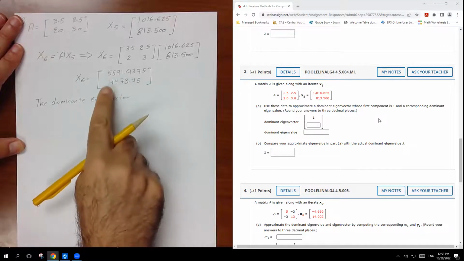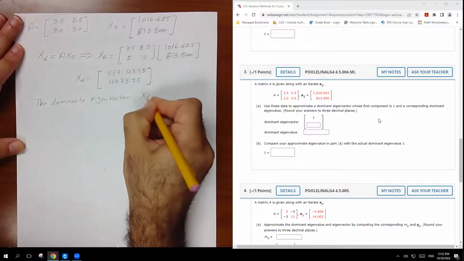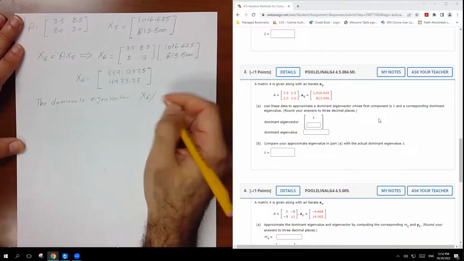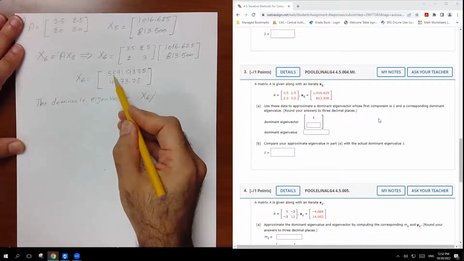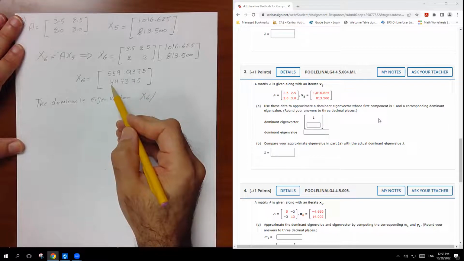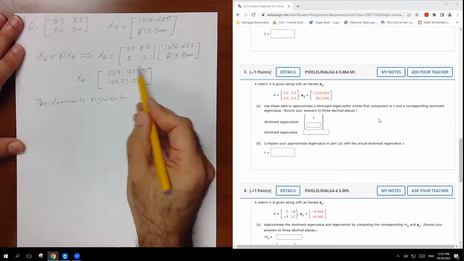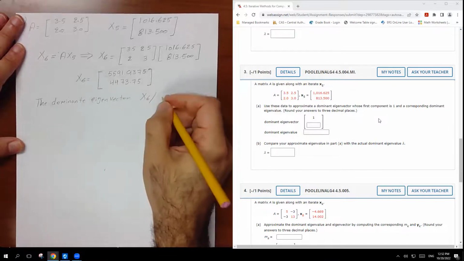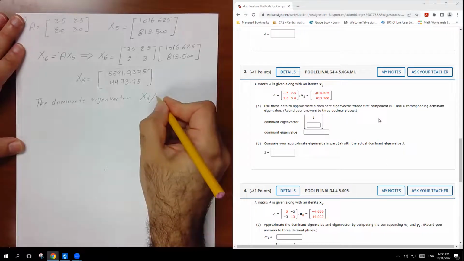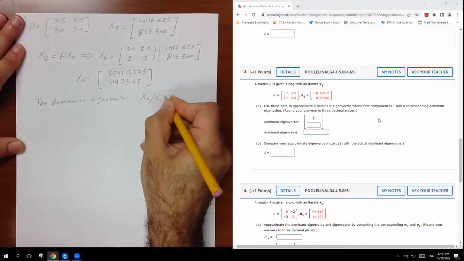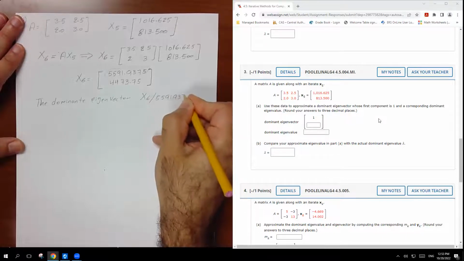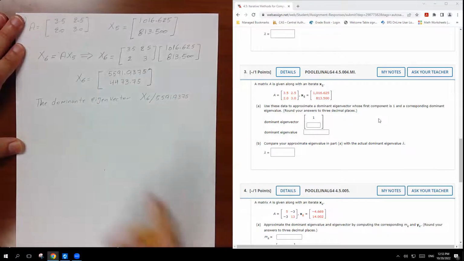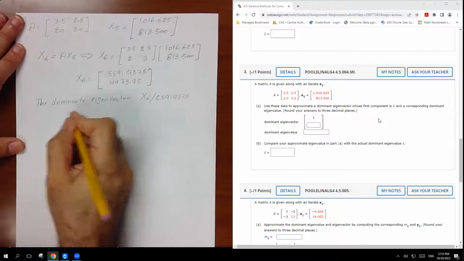By dividing this x6 by the largest component, which is 5591.9375. Let's check how much the eigenvector is going to be.